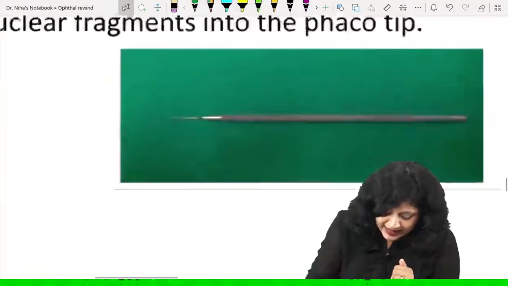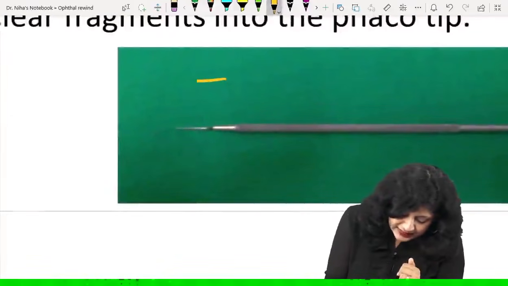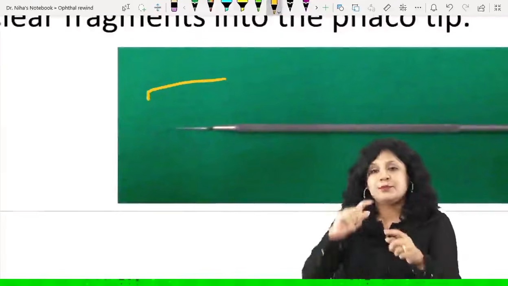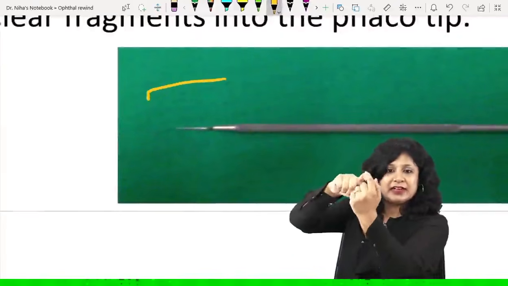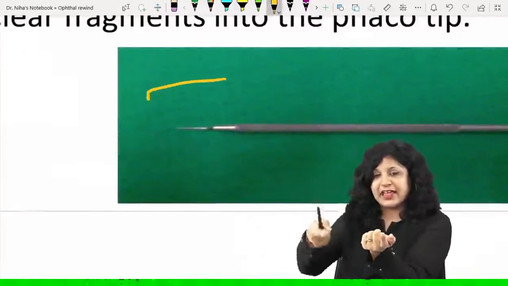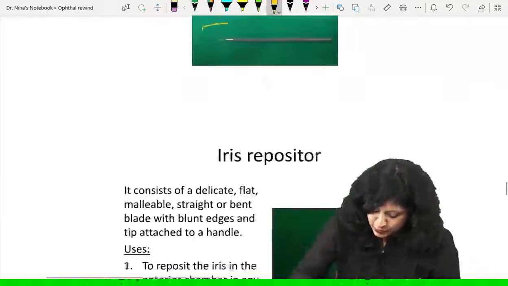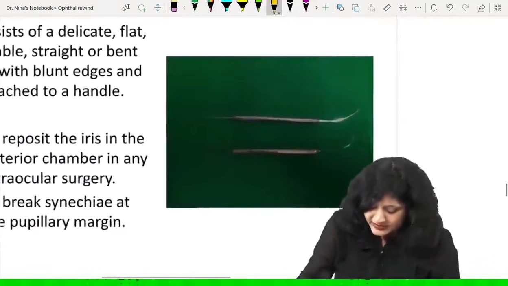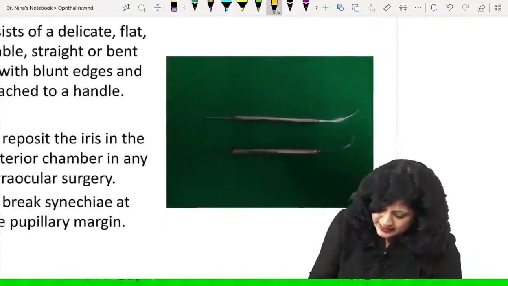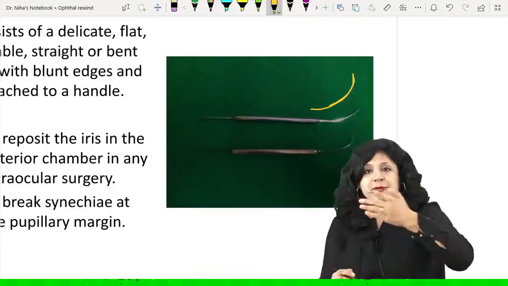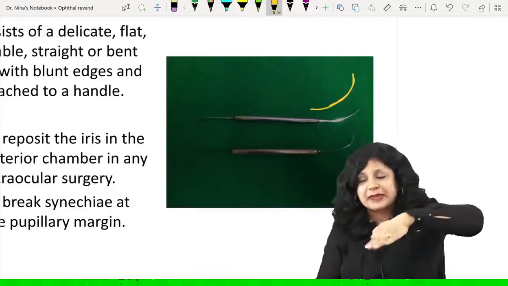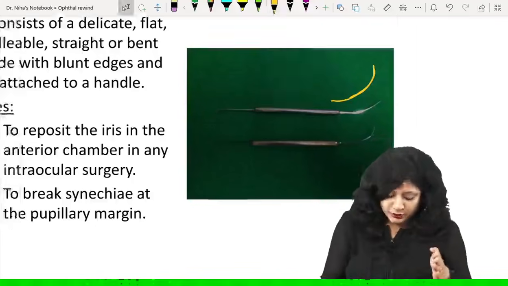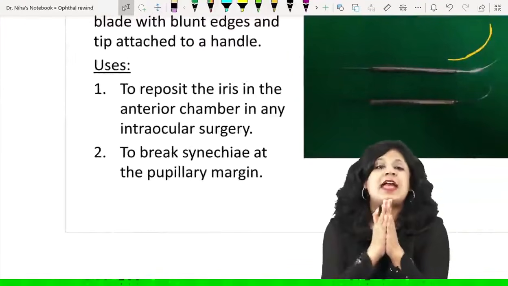Now, if you look at the dialer, the shape of the dialer was something like this, a bent finger kind of a thing, because it will help in dialing the IOL. But if you look at the iris repositor, the edge is a little curved, because this will help me in swiping the iris back.